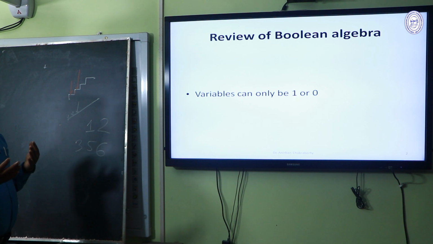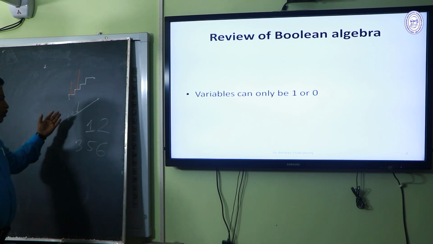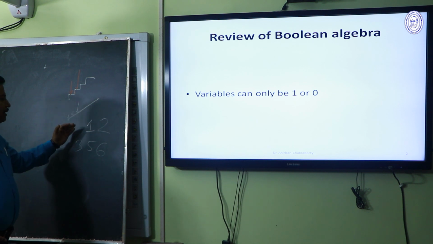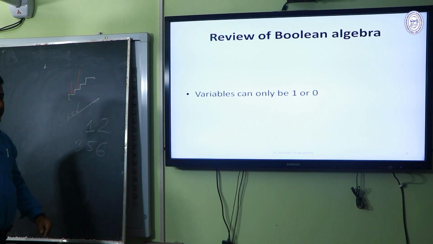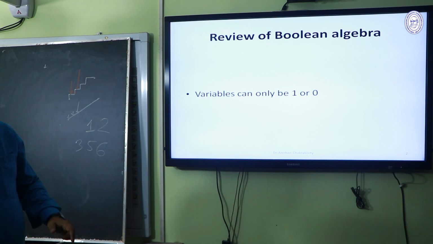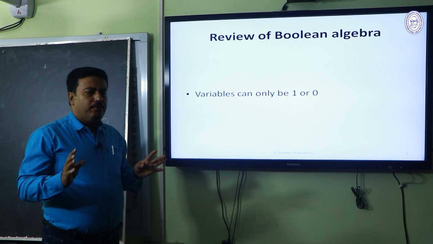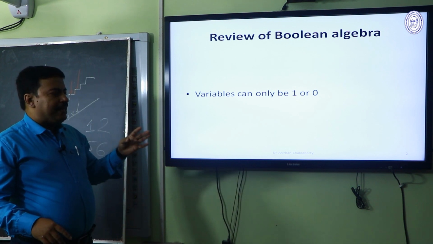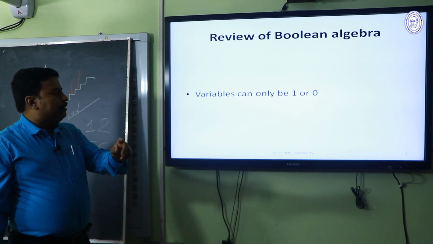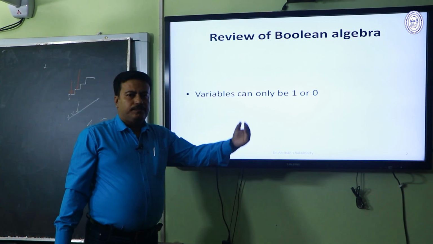When we want to represent any number, we take help of these 10 digits 0 to 9. However, the basic difference in Boolean algebra is that we will do everything we did there, any arithmetic, but using only two values, 1 or 0.